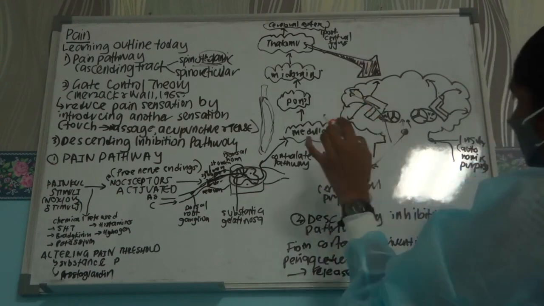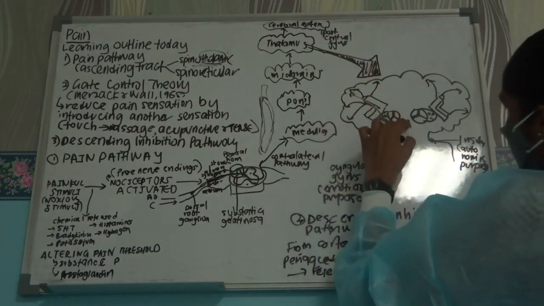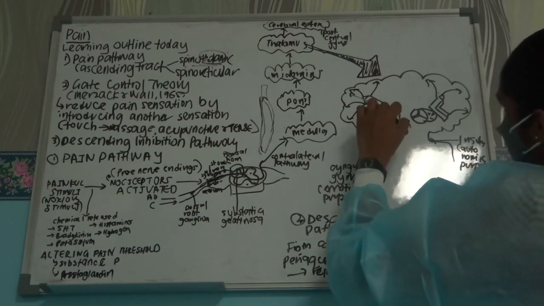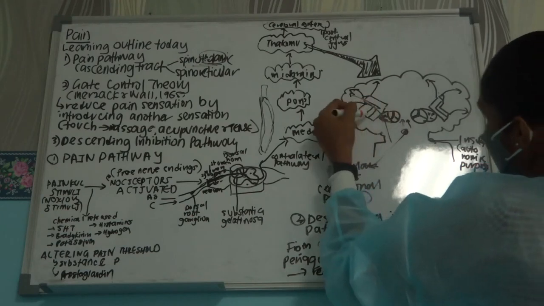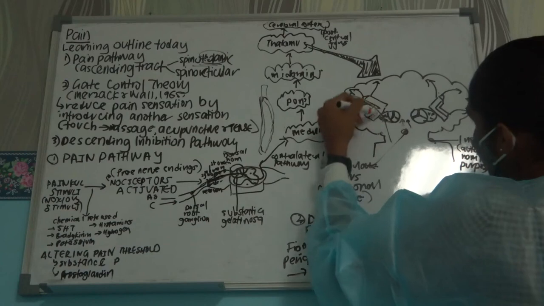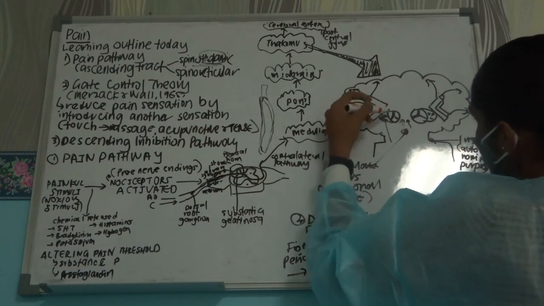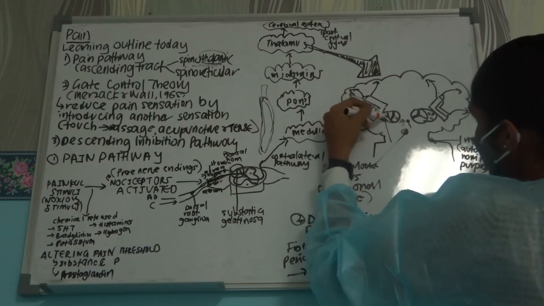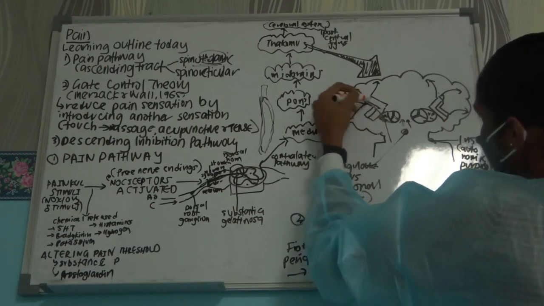However, the slow pain usually will pass through the intralaminar. From the intralaminar, it will go to the internal capsule. This is called the internal capsule, this is the thalamus, this is the nucleus, and this is the intralaminar.